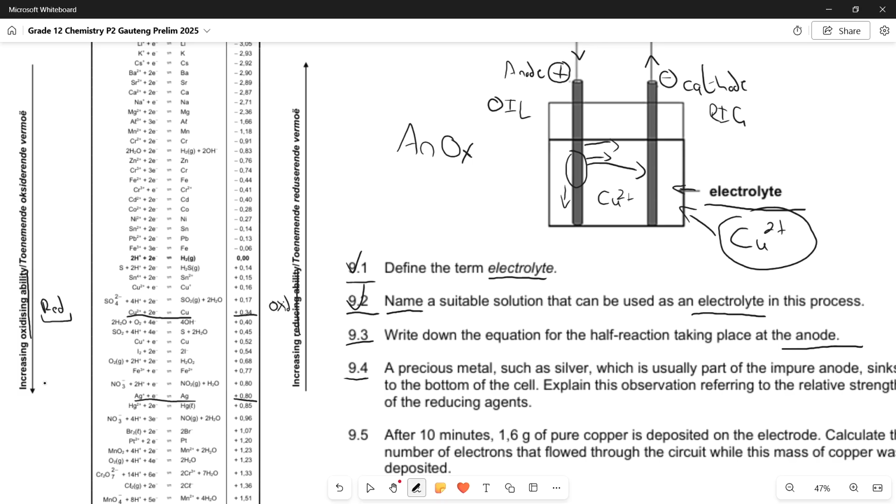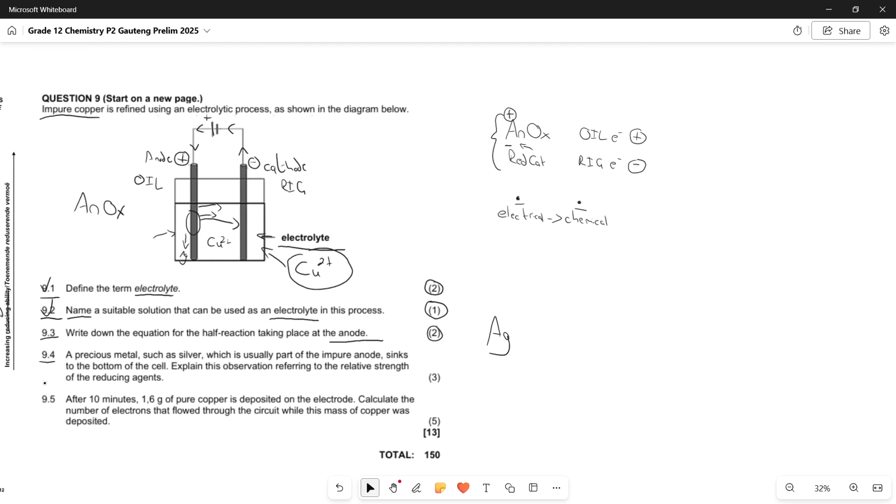And what we're looking at is the fact that we have the Ag dropping down from our anode, and therefore it is not oxidizing. Our Cu is oxidizing because it is higher up the table with a lower electrode voltage over here, and therefore it is more likely to undergo oxidation. So it is all about where it is located on table 4b and which one has a greater relative strength to act as the oxidizing agent of the two.